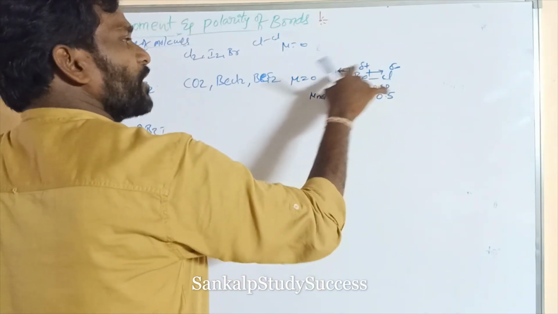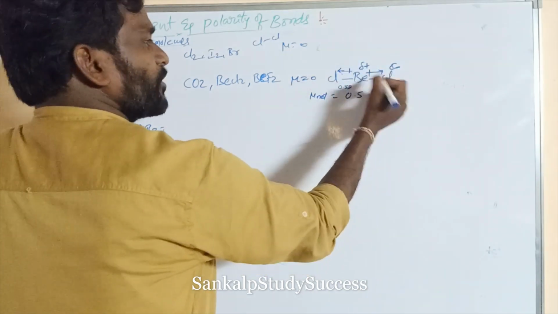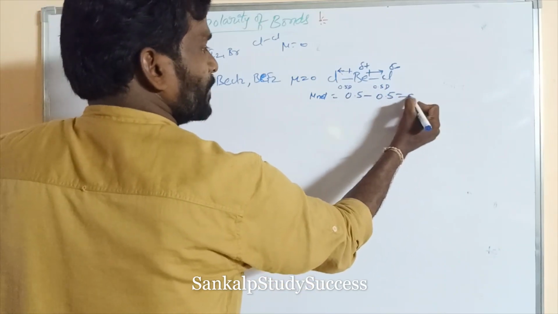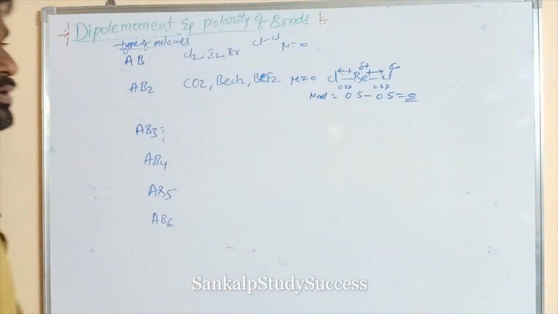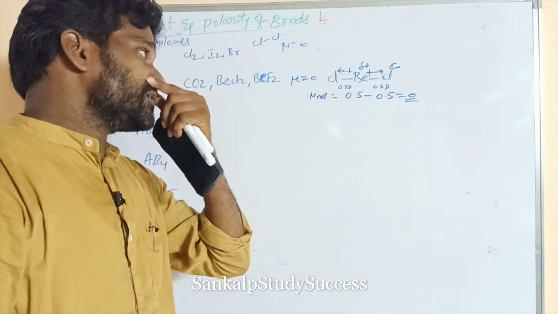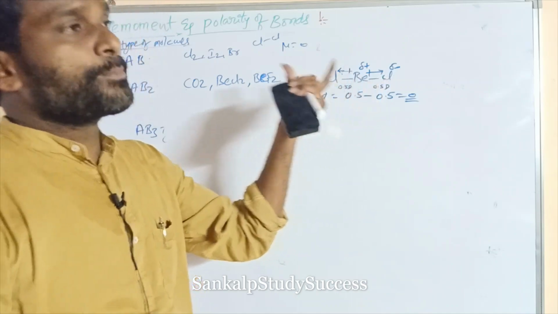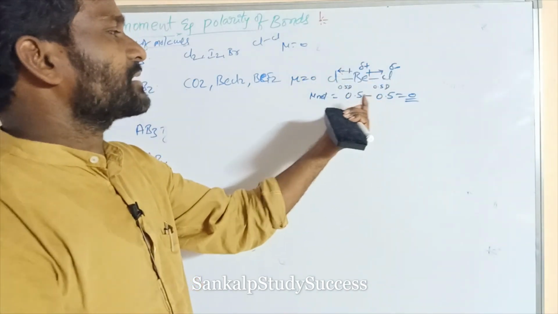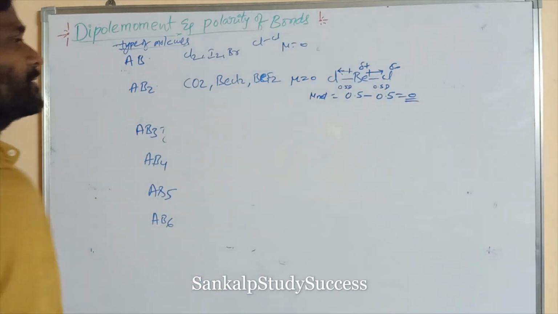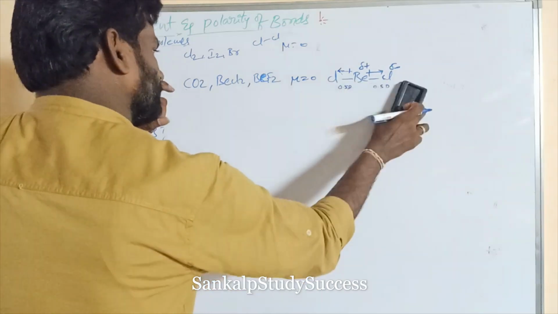These two are present in opposite directions, so the bond moments cancel each other. That means 0.5 minus 0.5 is equal to 0. When similar bonds are present in opposite directions in a molecule, their bond moments cancel each other, so the net dipole moment is equal to 0.